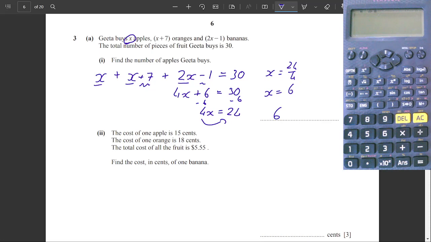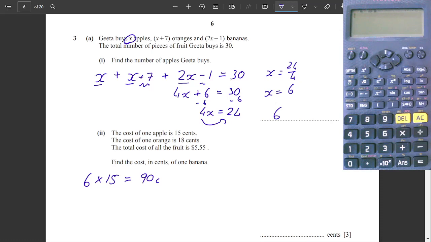Then the cost of one apple is 15 cents. So if she bought 6 apples, we do 6 times 15, which is 90 cents. Let's put a C there, 90 cents. One orange is 18 cents.